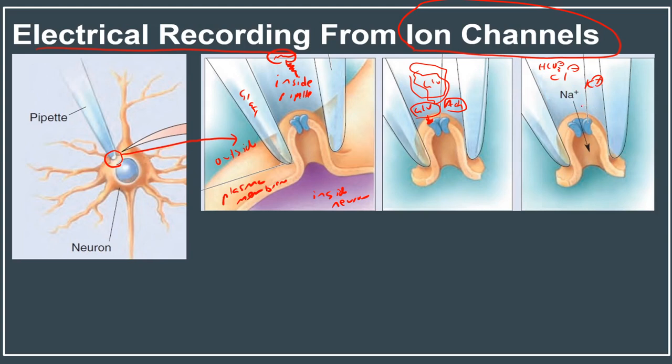So there's a zillion different kinds of ion channels in your body, and they have different ways to gate, and they have different ions that they allow through. So you can allow different kinds of currents through.